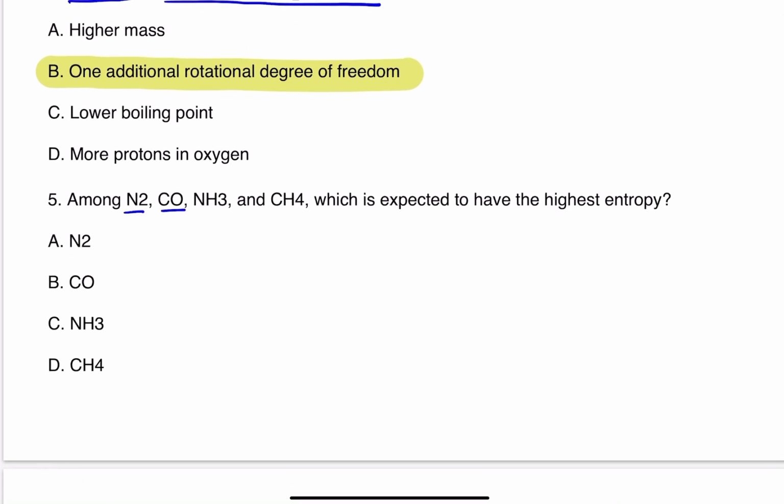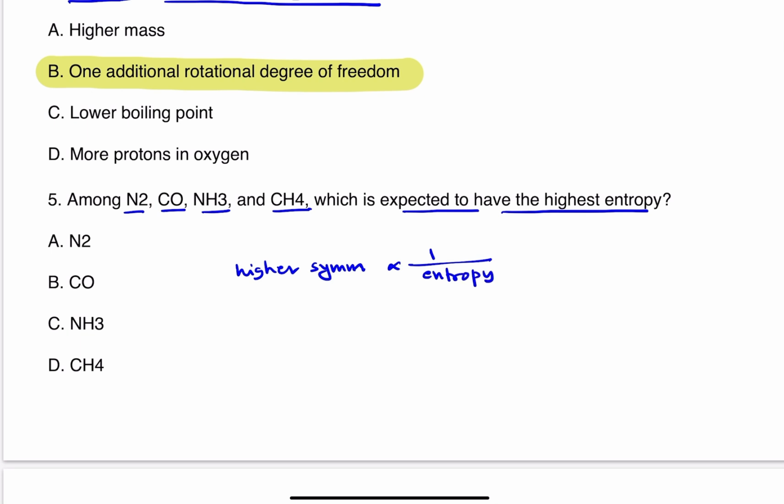Among N2, CO, ammonia and methane, which is expected to have the highest entropy? So basically if the molecules are of comparable molecular weight, then we have to see the symmetry. Higher symmetry in the molecule will lead to lower entropy.